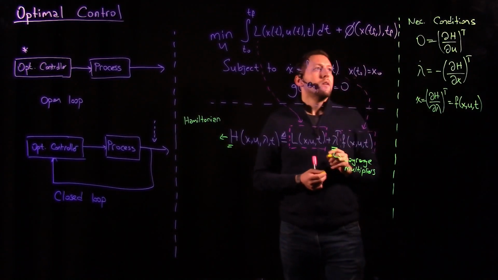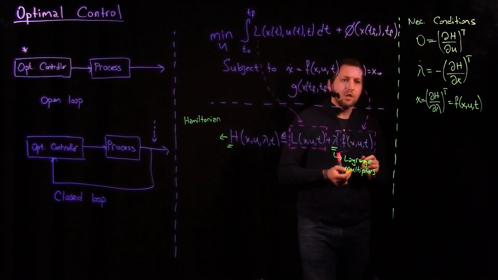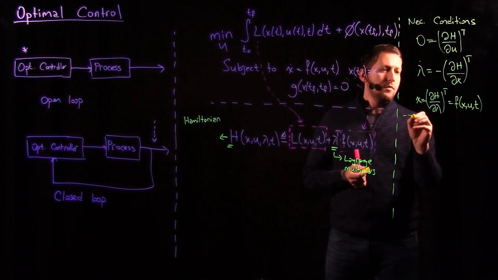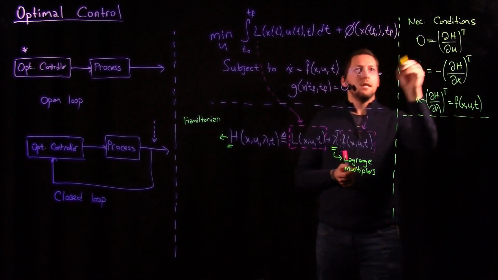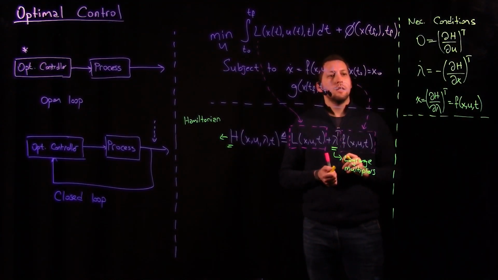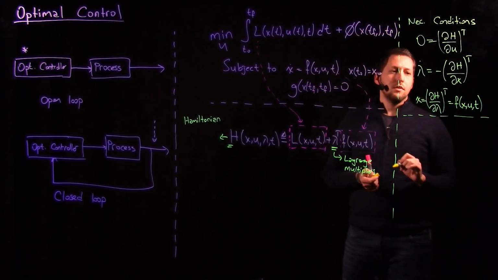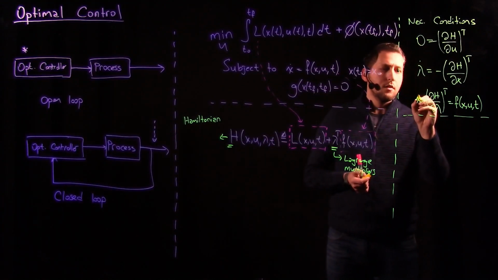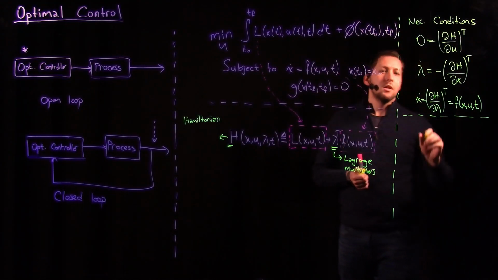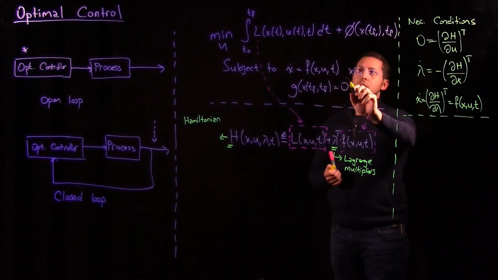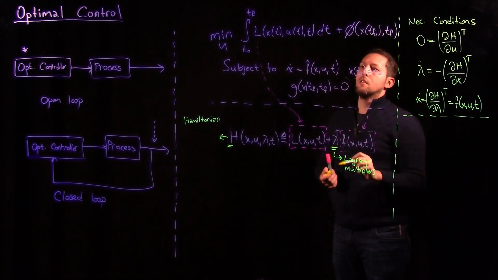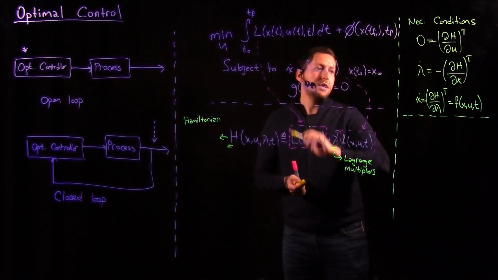Okay, so these are the necessary conditions, and sometimes they are also called the Euler-Lagrange equations. As you can see, we have this one. I'm sorry, there should be a dot here. We have this one originally from the problem formulation, which is this one here.